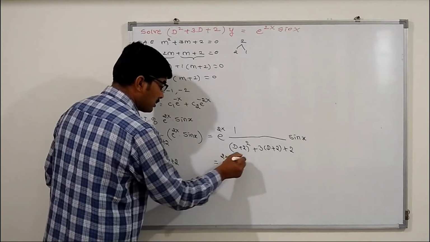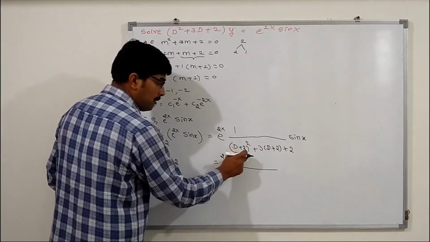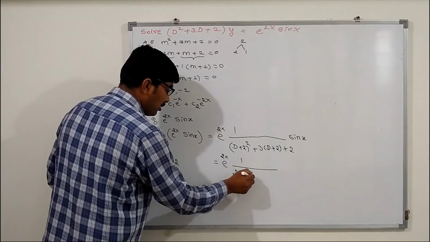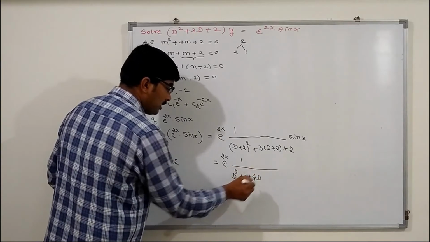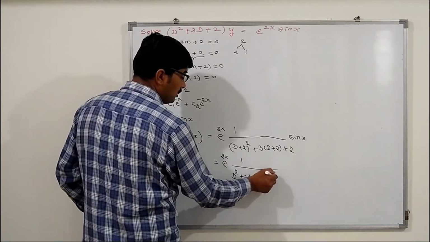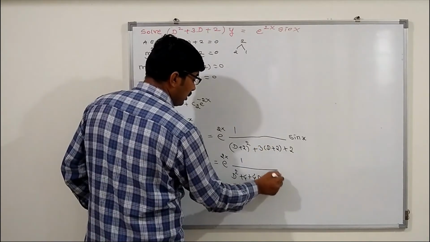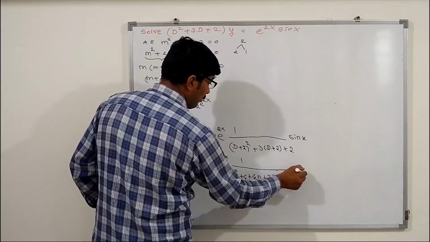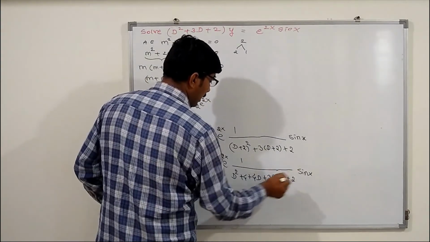E raised to 2x, 1 divided by D plus 2 whole square is D square plus 4 plus 4D, using the a plus b whole square formula. 3 into D is 3D, 3 into 2 is 6, and plus 2, of sin x.